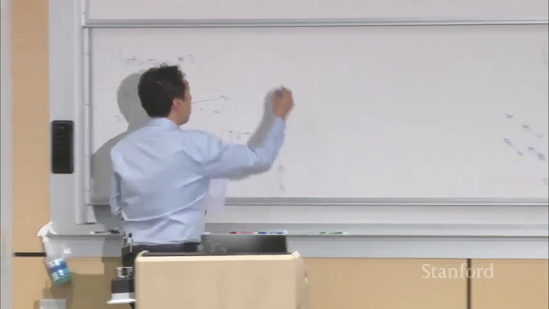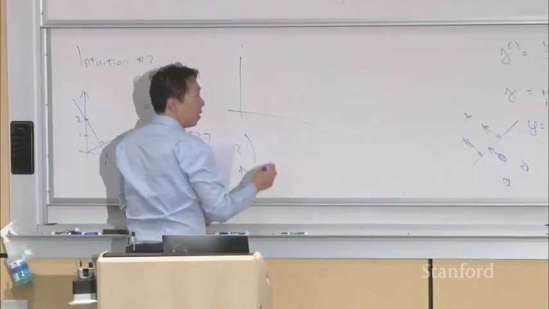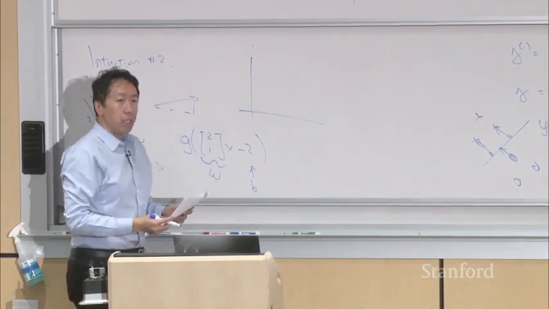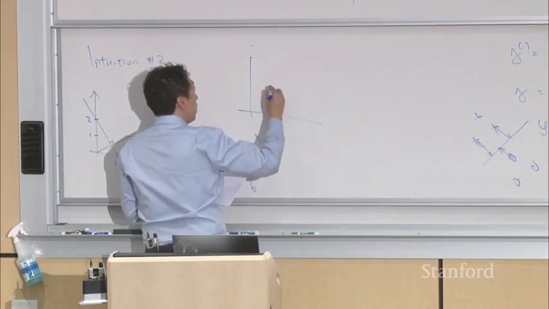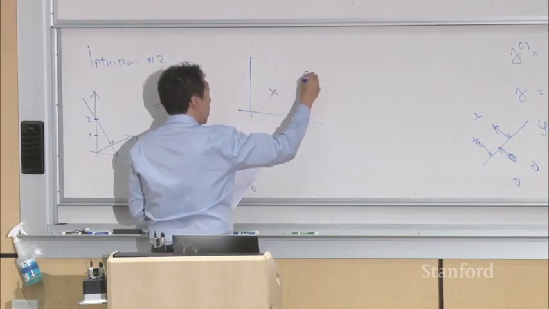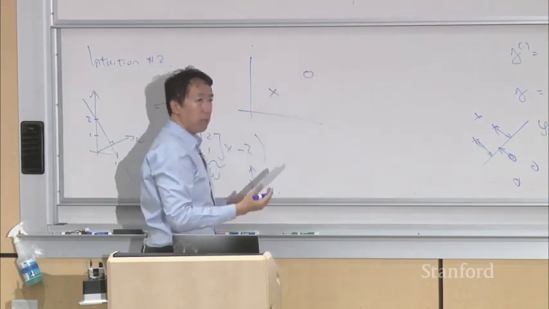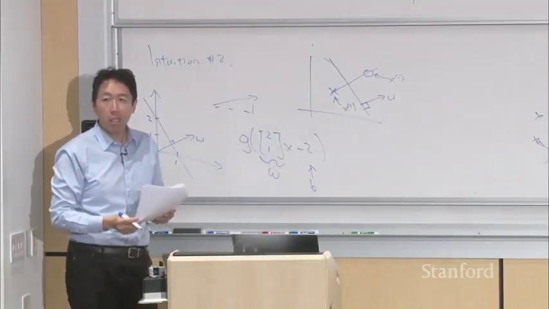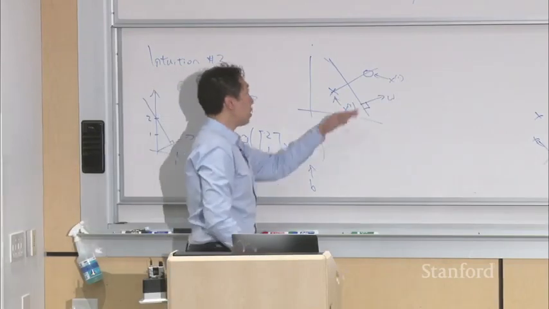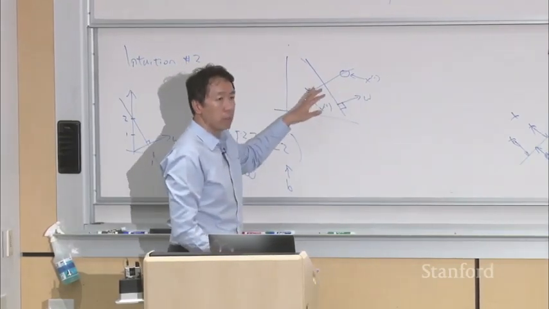It turns out that if you have, to take a simple example, two training examples, a positive example and a negative example, then by illustration, the linear algebra way of saying this is that the vector W lies in the span of the training examples.